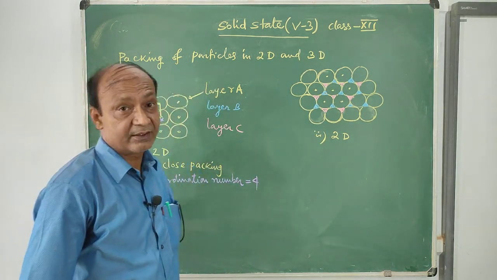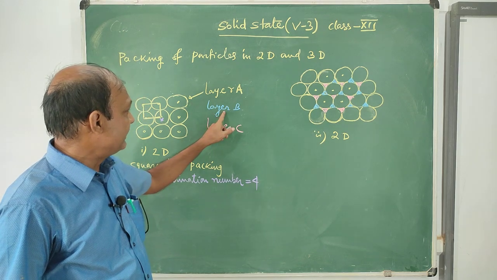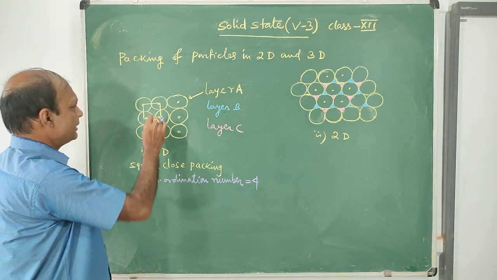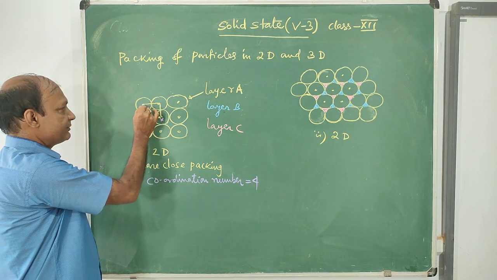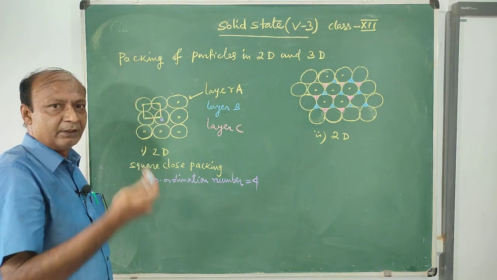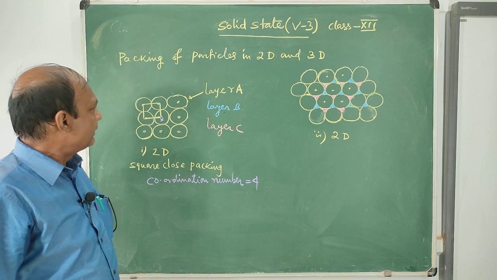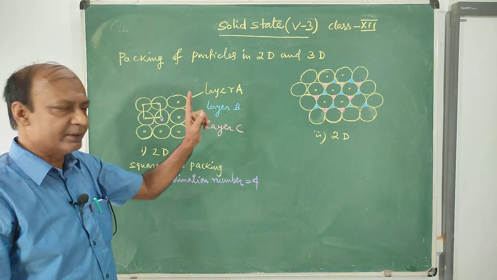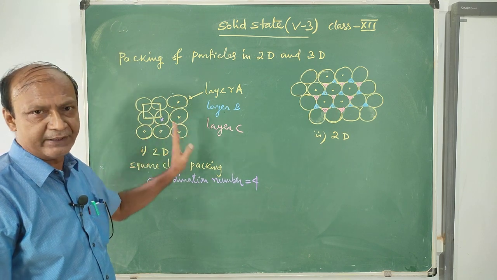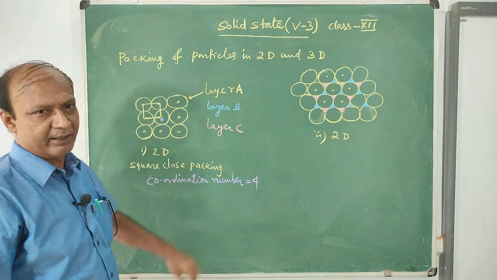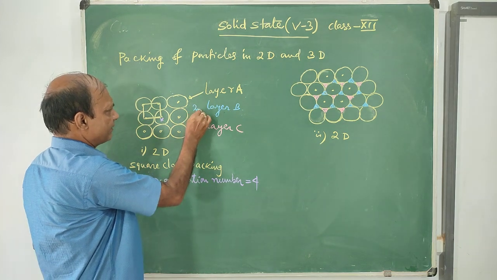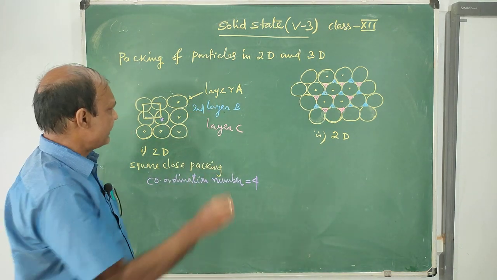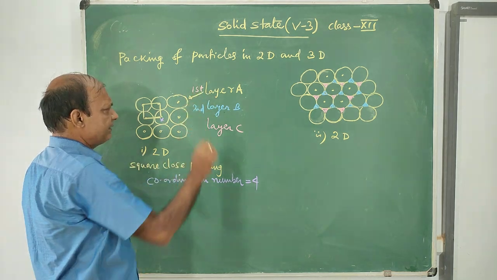So when you construct the second layer, layer B, you have to put the spheres just above the center of the first layer. So if you put the spheres vertically above the center of the first layer of particles, you will get the second layer. This is first layer.